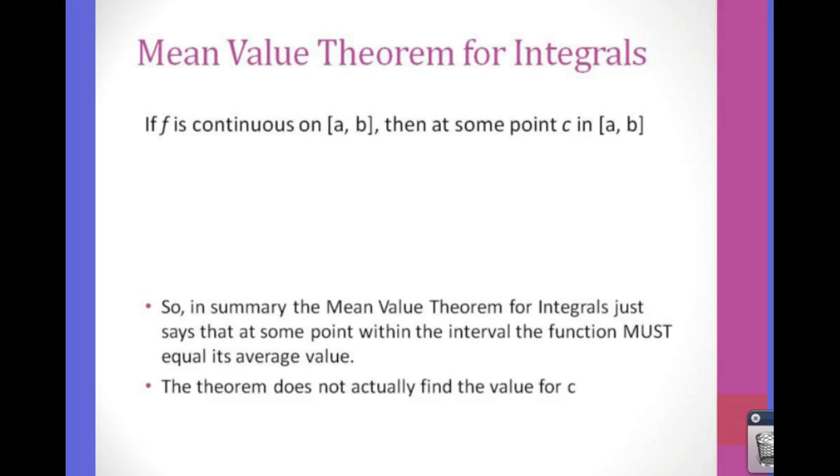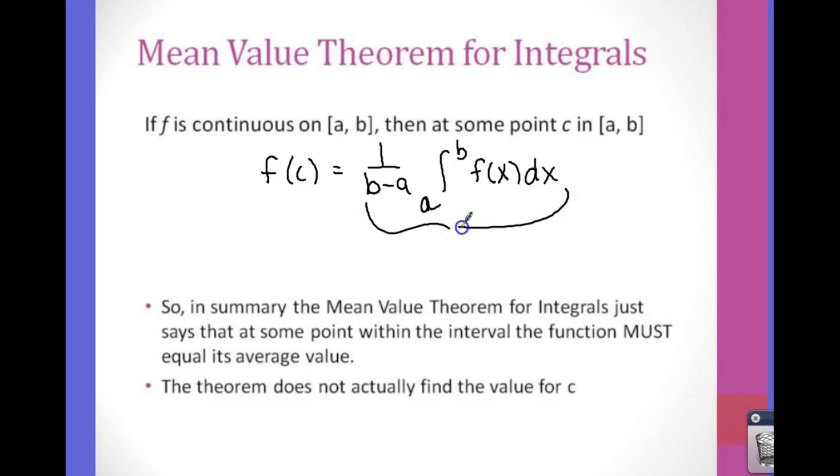If f is continuous on the closed interval a to b, then at some point C in a to b, we have that f of C will equal 1 over b minus a times the integral from a to b of f of x dx, where again, that integral with this b minus a represents the average.